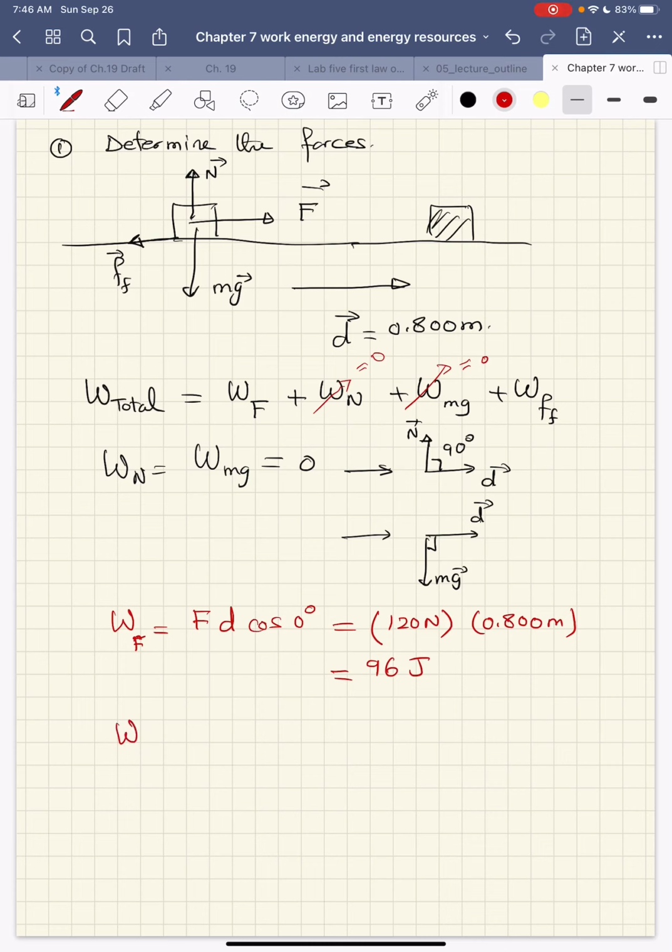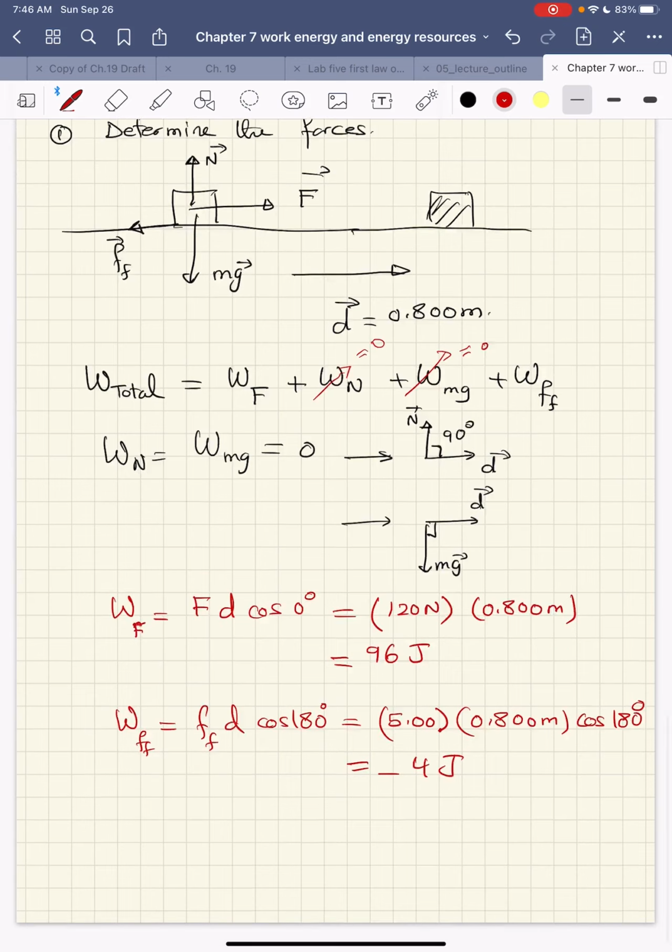Work done by friction is force of friction times d times cosine 180, where the force of friction is 5 and this is 0.8, and cosine 180 is -1. Then 0.8 times 5 is -4 joules.